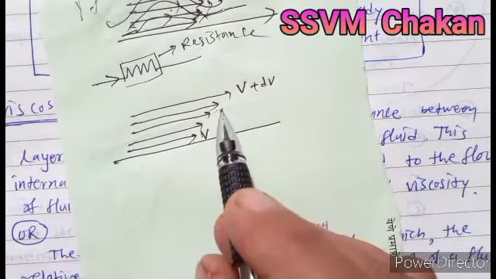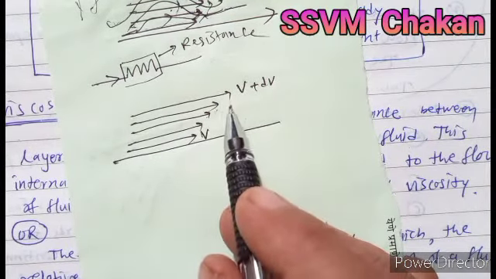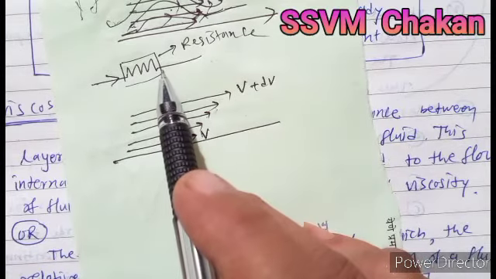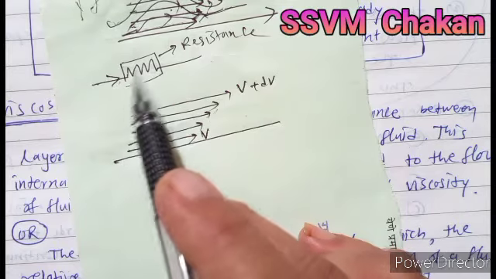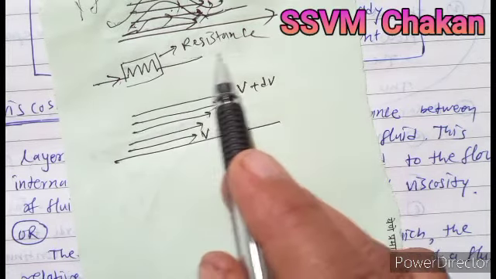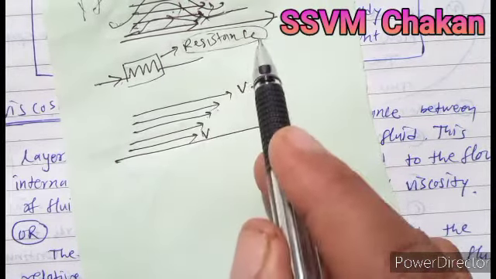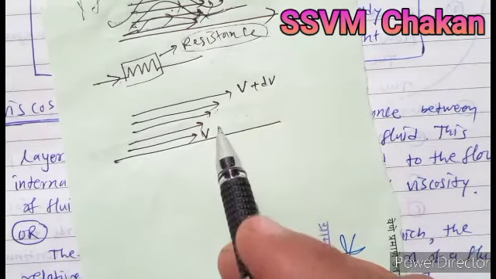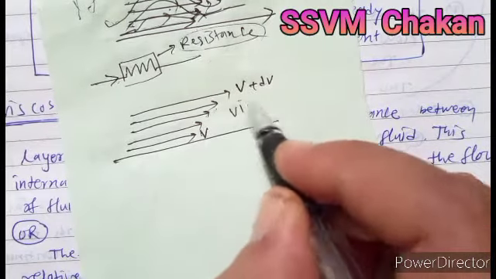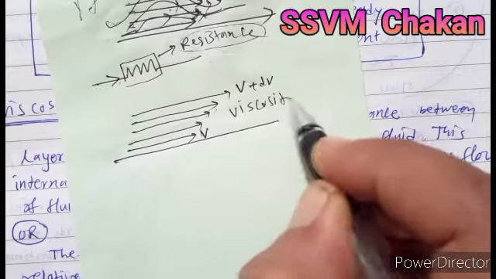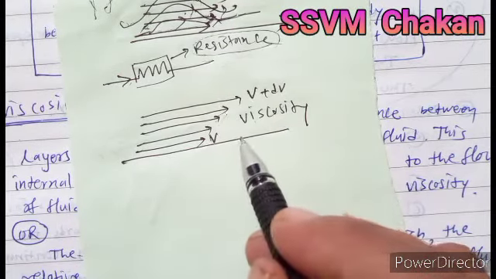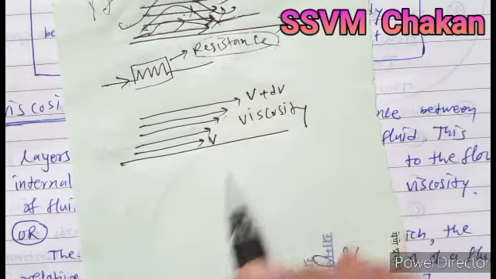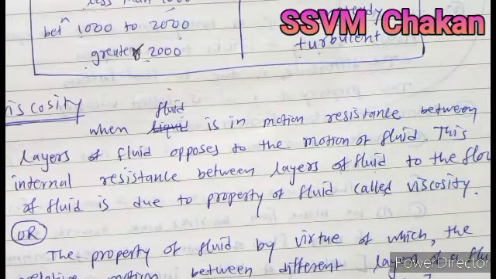This opposition to the flow of each layer is equivalent to the opposition to the flow of a current. In current electricity, we call that resistance, and in the flow of fluid, we call it viscosity. That is, viscosity is nothing but opposition to the motion of each layer.